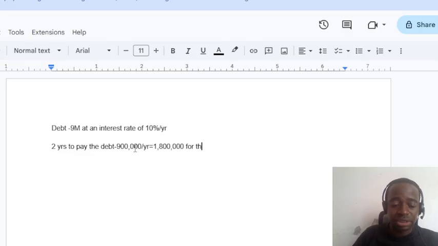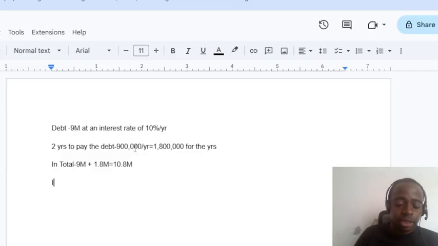Assuming we are not compounding this interest, then you need to pay 9 million plus 1.8 million, which translates to 10.8 million.